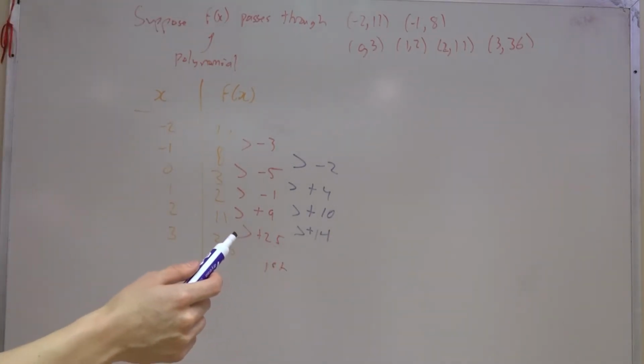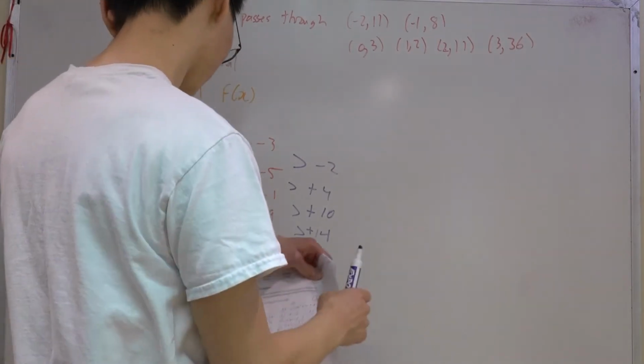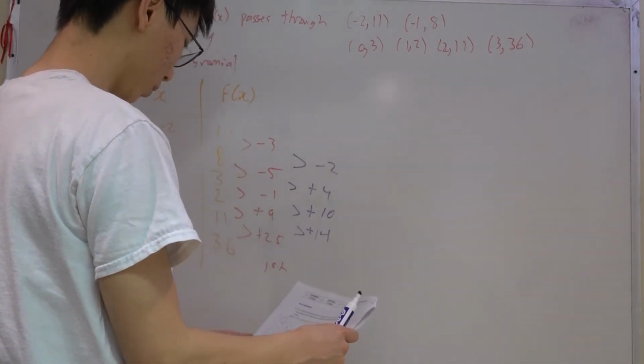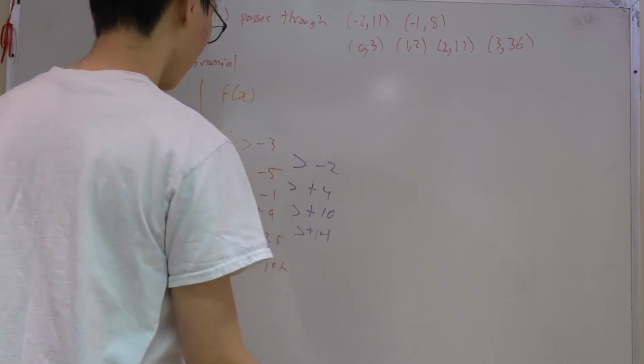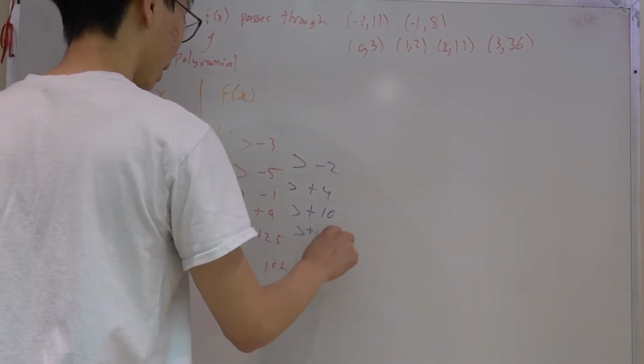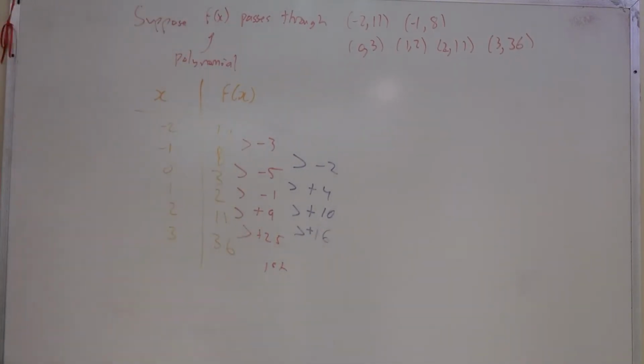And pretty sure I messed something up here. -2, +4, +10, it's 16. I literally can't add. Okay, +16. Alright, not really looking too good.